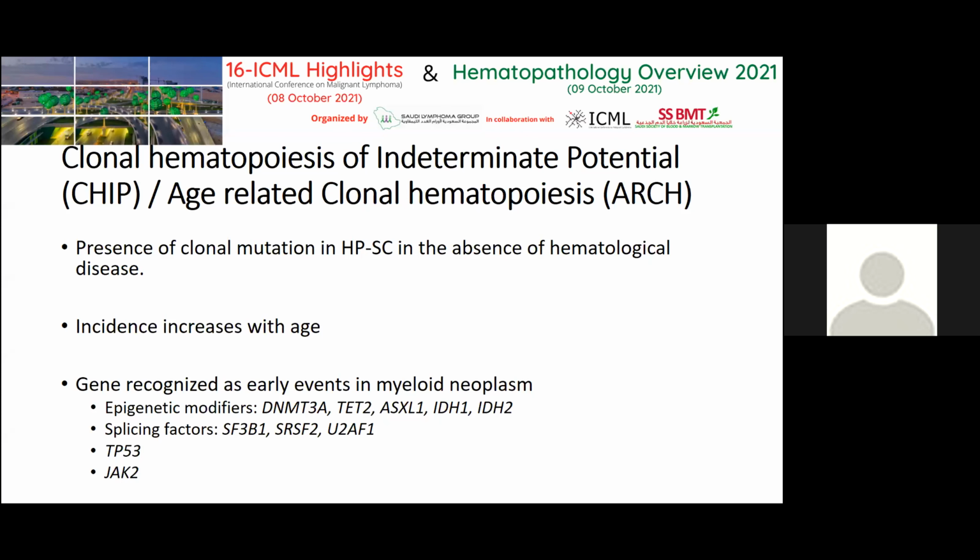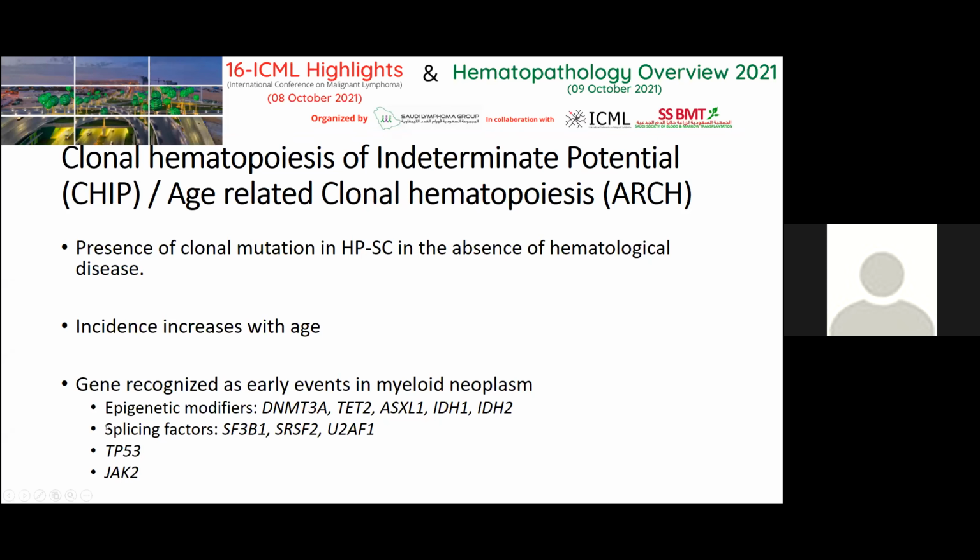So we know very well that the incidence increases with age, and most commonly one or a few mutations in genes recognized as early events in myeloid neoplasm include epigenetic modifiers like DNMT3A, TET2, splicing factors such as SF3B1, SRSF2, and also TP53 and JAK2.